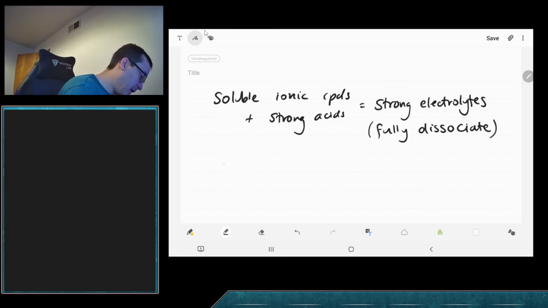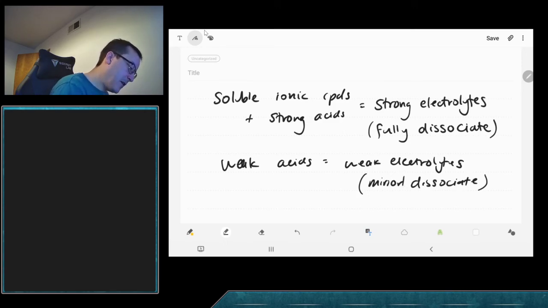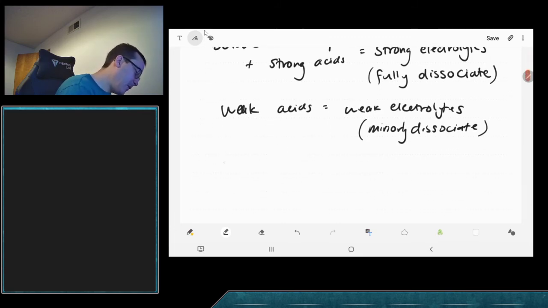We saw that weak acids were weak electrolytes, which only dissociate a little bit. Minorly, I guess.